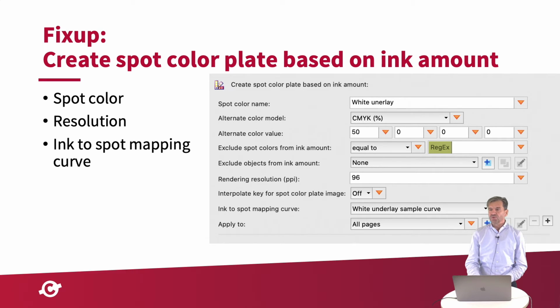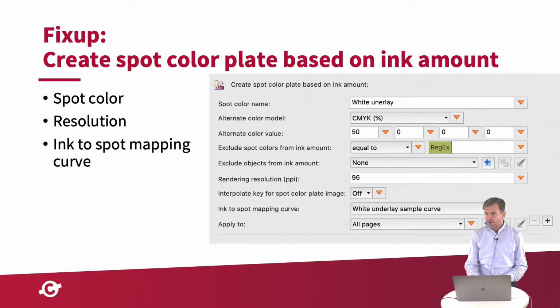And then most importantly, it has a mapping curve that maps ink amount values to result color values for your spot color. So this mapping curve is the most important ingredient to our process.